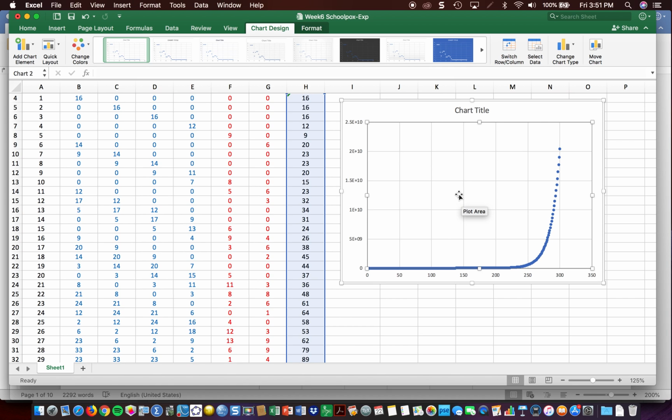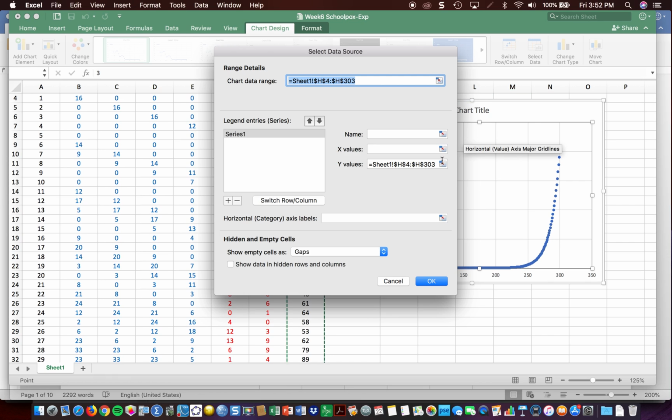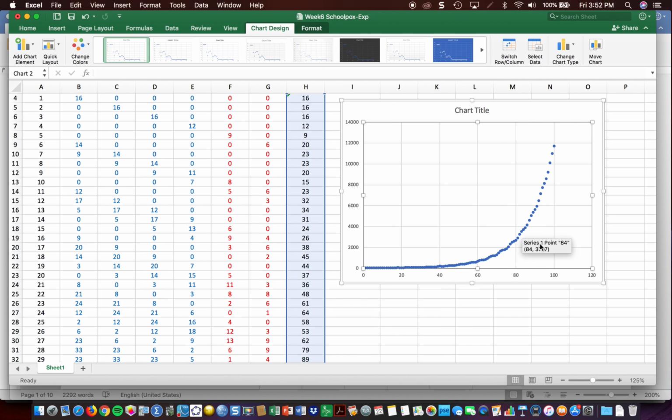And so I think here you see a little bit better trend of what happens over time. If we feel like we don't need to see that much data, we could just do this for like 100 days and see. Again, you see a little bit of variability here, but the general trend is that the number of people that are infected is going to keep going up. So this does have some kind of an exponential nature to it.